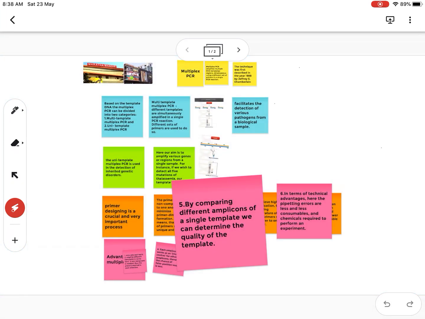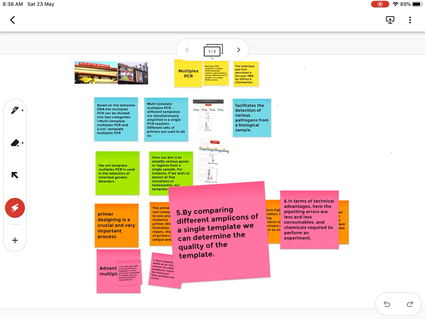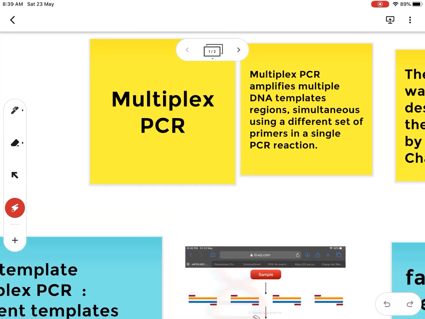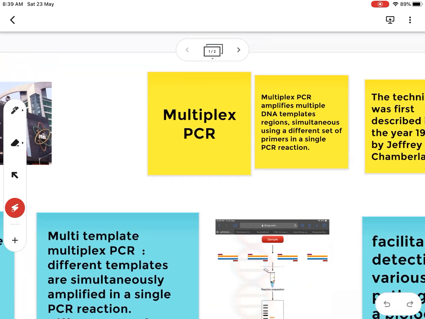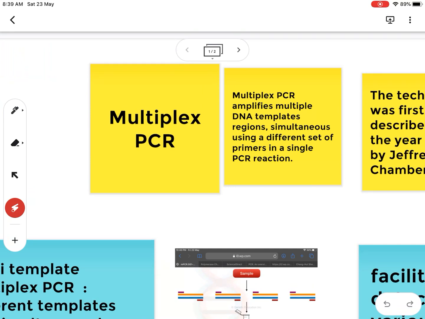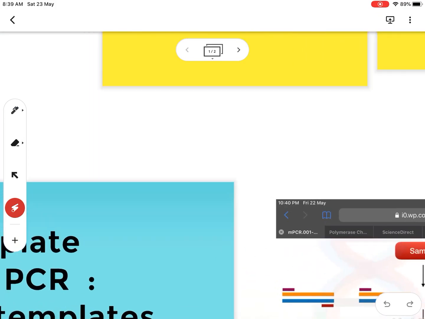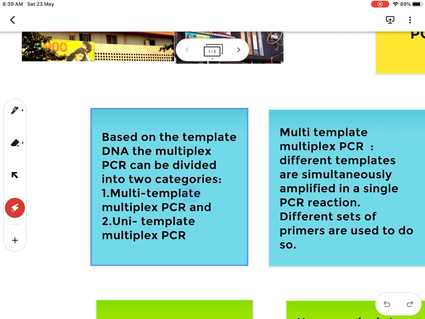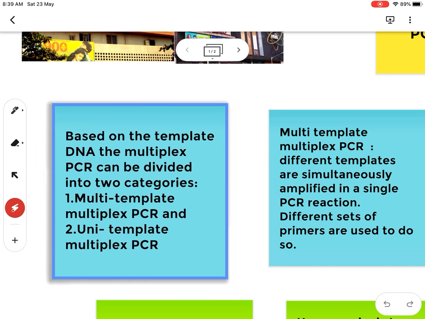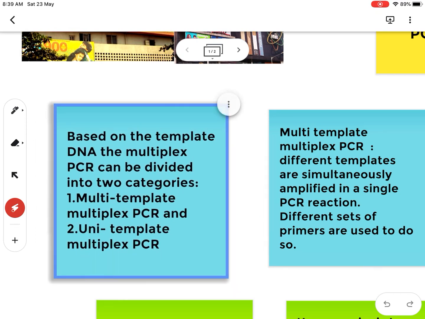So remember that in multiplex PCR we use a PCR technique or a modified PCR technique in which the multiple sets of template DNA are amplified by multiple sets of primers. Now this multiplex PCR is of two types, that is the multi-template multiplex PCR and uni-template multiplex PCR.